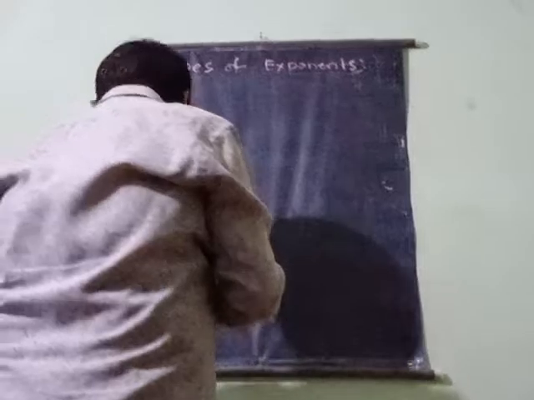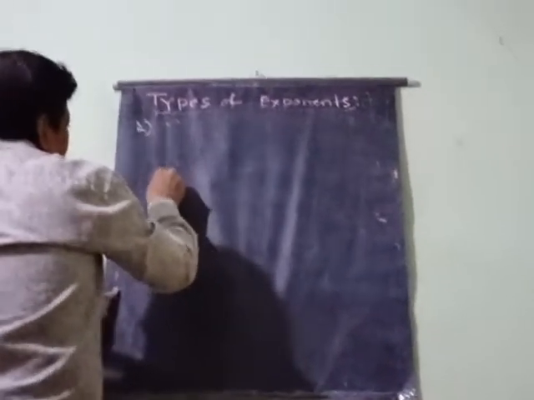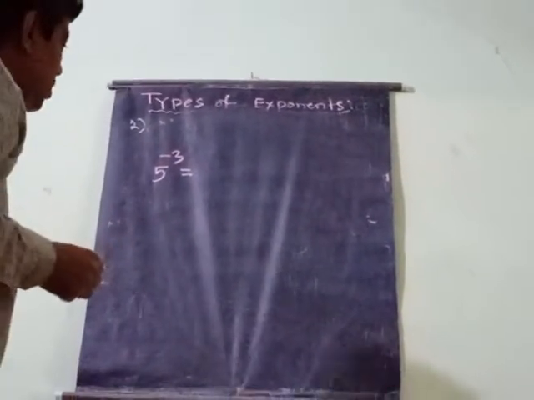So first you understood the negative exponent. Suppose I have told you 5 to the power minus 3. 5 to the power minus 3 is a negative exponent. Definition understood.